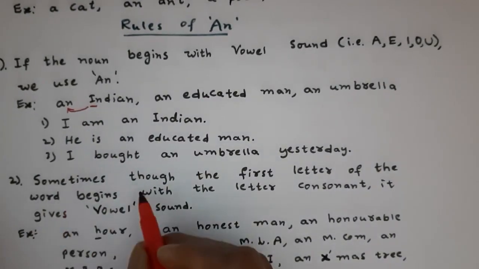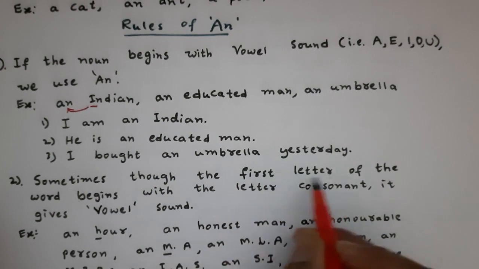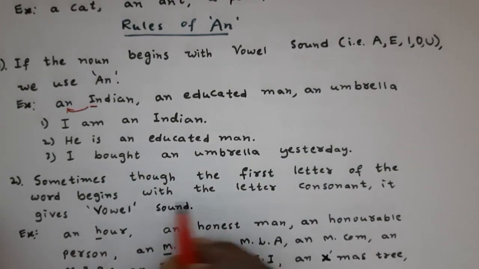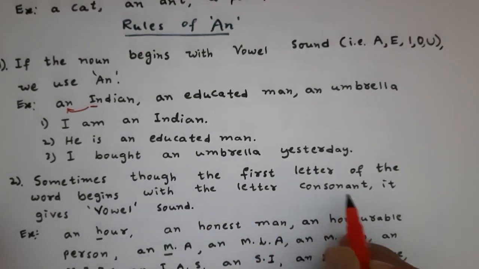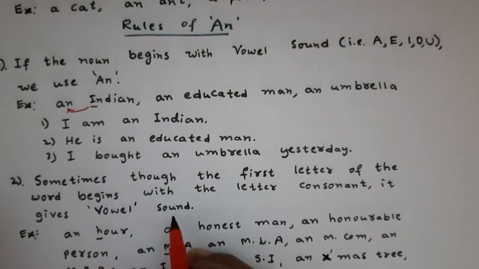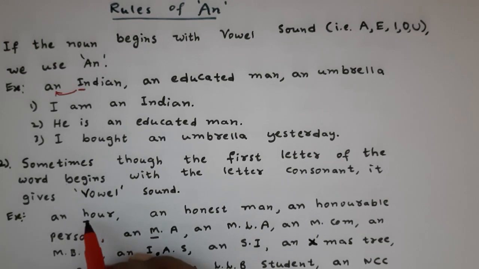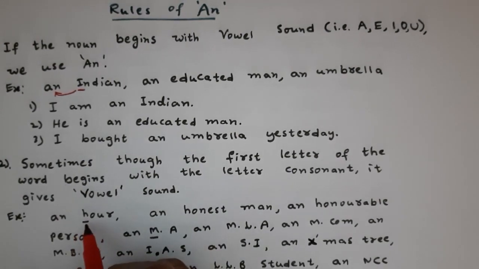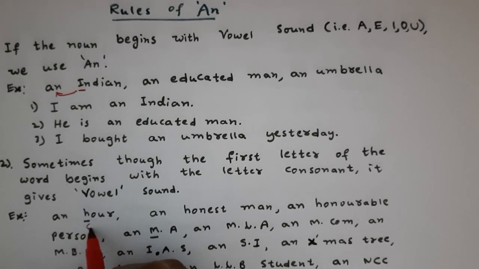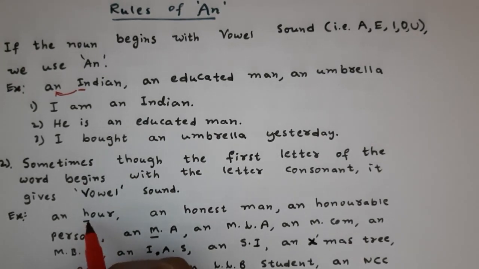Second one. Sometimes, though the first letter of the word is a consonant, it gives a vowel sound. You observe here, hour. H is a consonant letter, but it is giving a vowel sound.